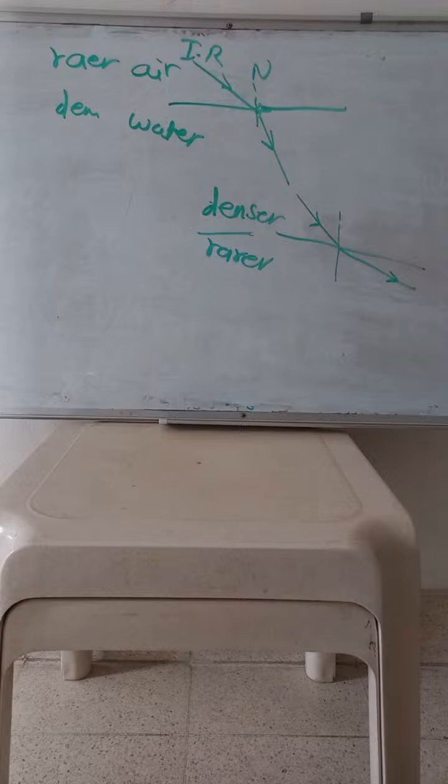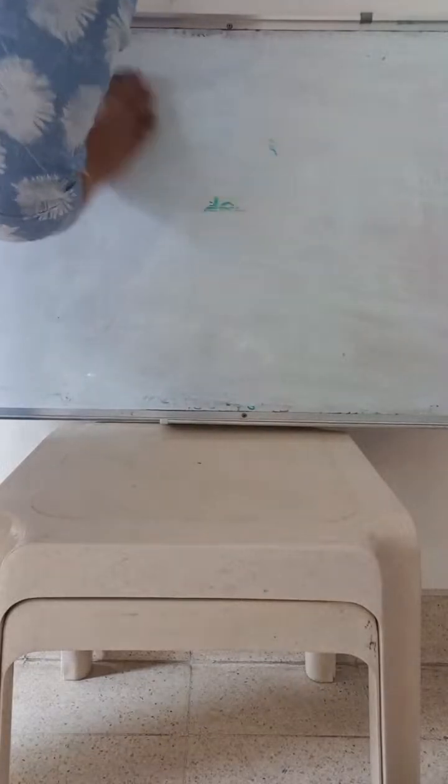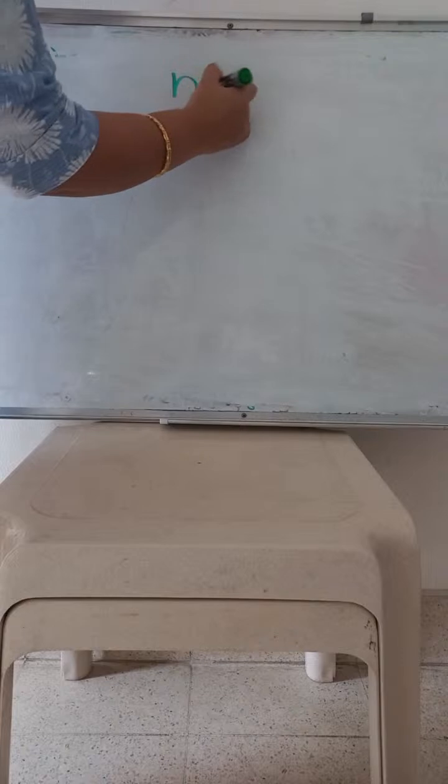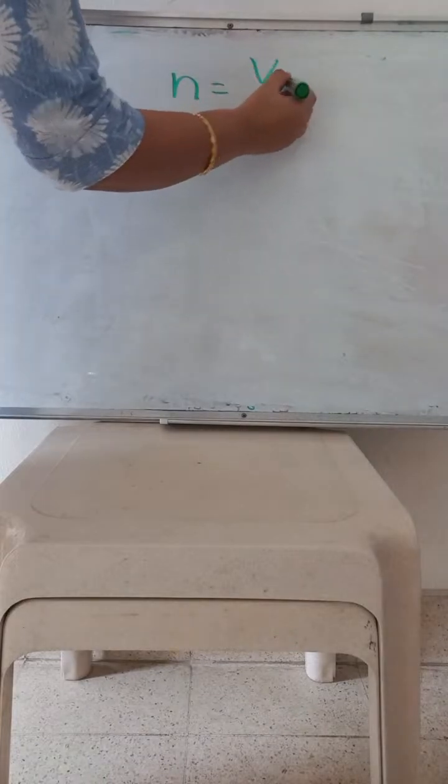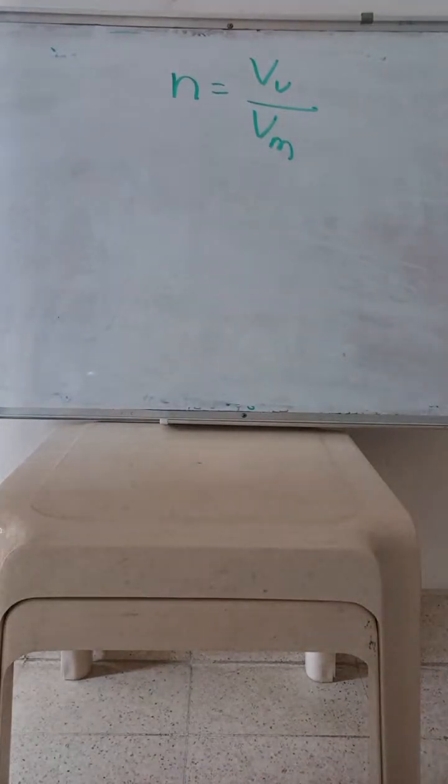Then they are asking us the absolute refractive index of the medium. We know that the absolute refractive index is nothing but the velocity of light in a vacuum divided by the velocity of light in the medium.